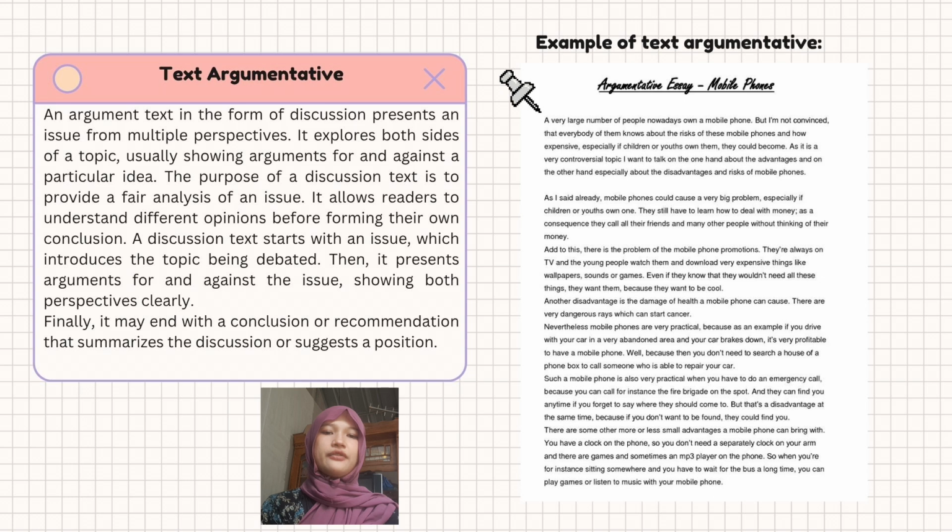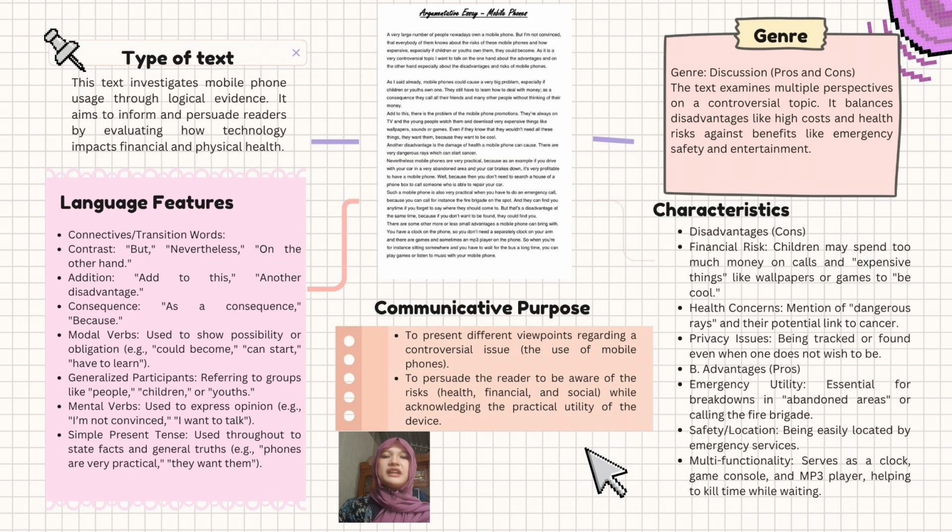Now, we have argumentative text. So, argumentative text is a text that discusses both sides of the issue. From the mind map, the main idea is balance and discussion. The purpose is to help the reader understand the different perspectives before forming a conclusion.